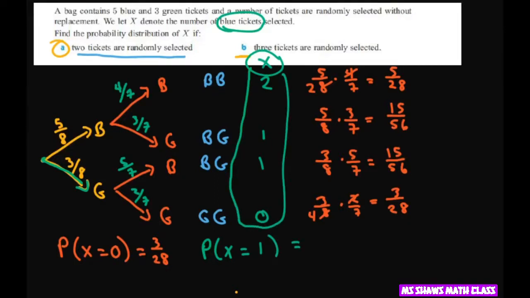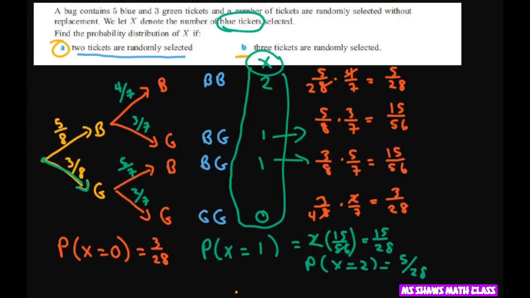That's going to be 2 of them, so 2 times 15 divided by 56. 2 goes into 56 28 times, so that would equal 15 divided by 28. And then the probability of X equals 2 is 5 divided by 28. So these are your probability distributions.